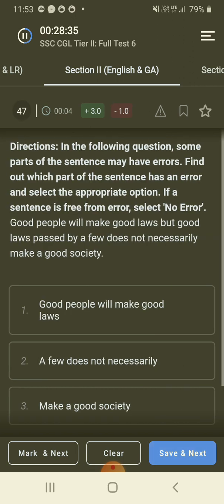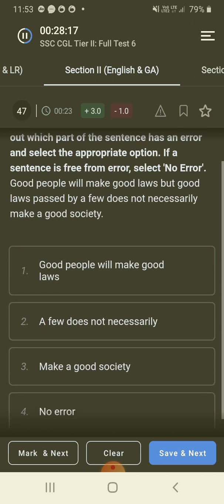people will make good laws, but good laws passed by a few does not necessarily make a good society. Not necessarily does not good people make good people will make good people make good laws, but good laws passed but good laws good people make good laws.